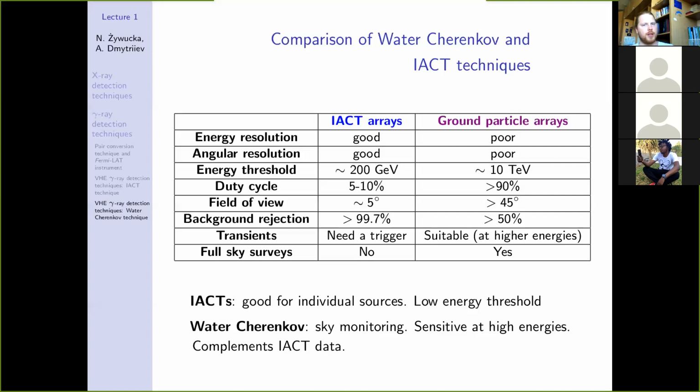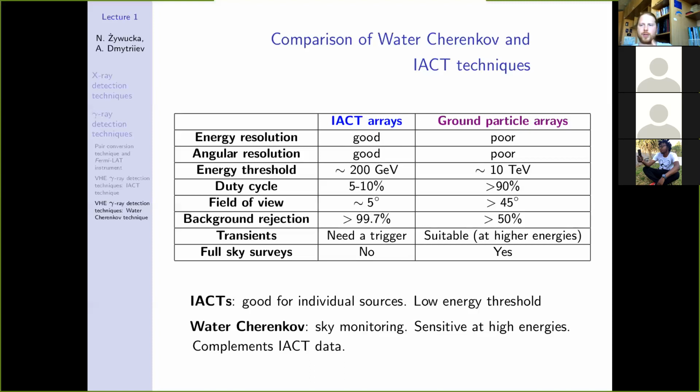And then telescopes like HAWC or others can point at the source and measure these sources during interesting behaviors with good energy resolution, good angular resolution and good background rejection. So you see the point. Ground particle arrays and Fermi-LAT are a separate case.